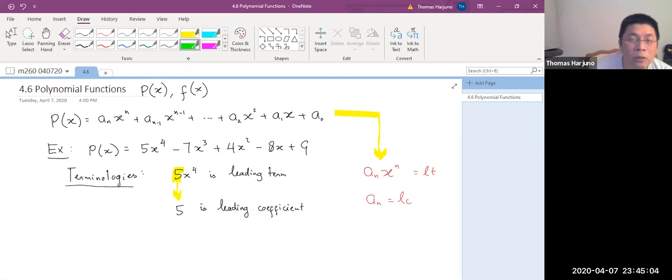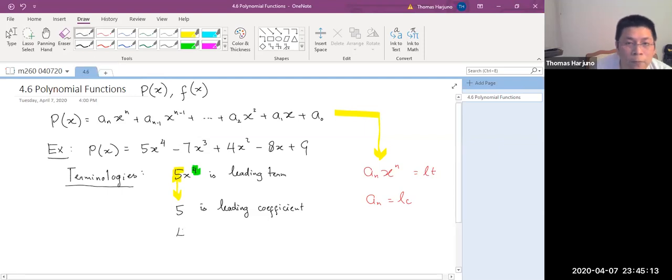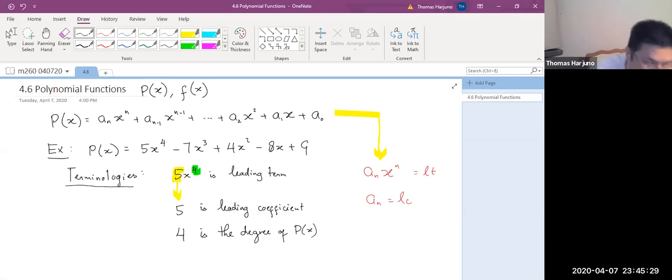Okay, now for the leading term, the exponent is also called the degree. 4 is the degree of the polynomial. Basically, the leading term is not leading because it is at the front. No, the leading term is the term that has the highest degree.